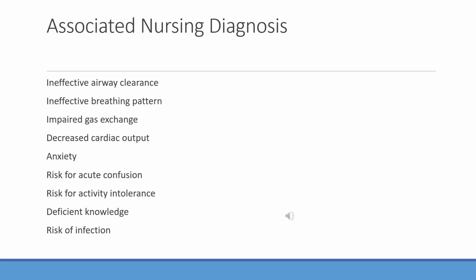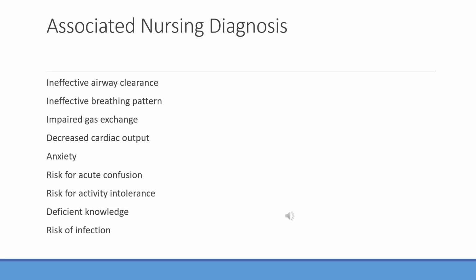For each of these nursing diagnoses, I want you to think back to what we've already talked about and be able to understand why they might have ineffective airway clearance or ineffective breathing pattern, or for instance, impaired gas exchange because of the interstitial edema and decreased lung compliance. Decreased cardiac output, we just talked about on the last slide, about the tachycardia that causes that decreased cardiac output.